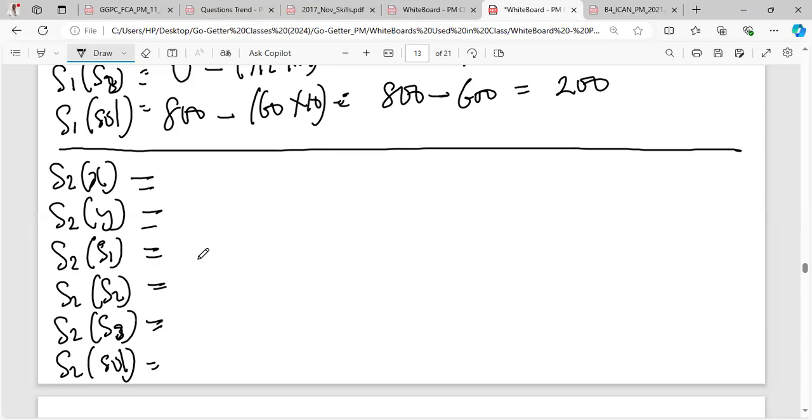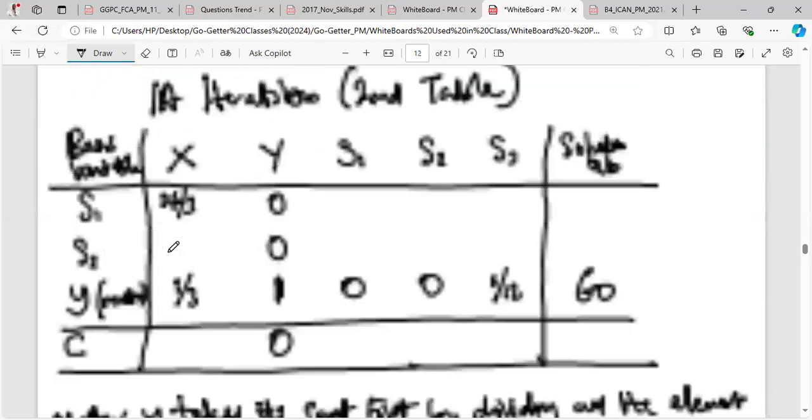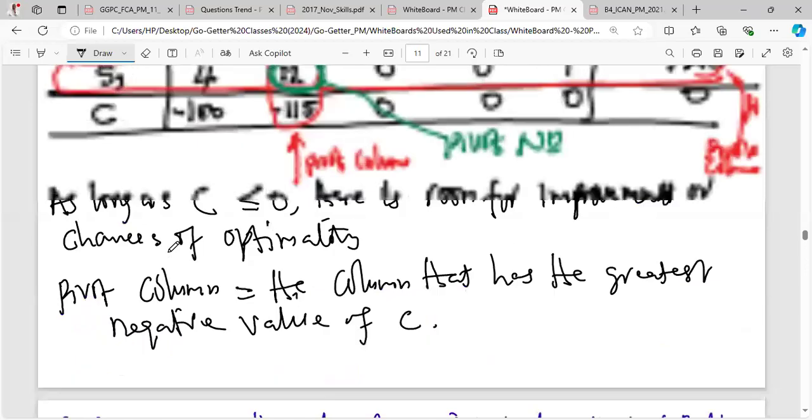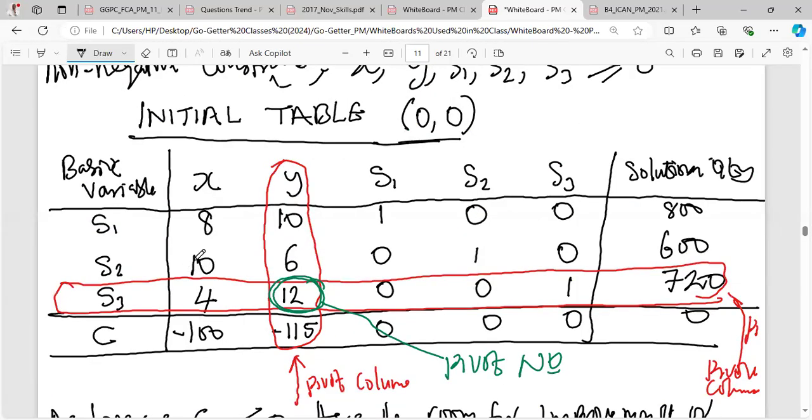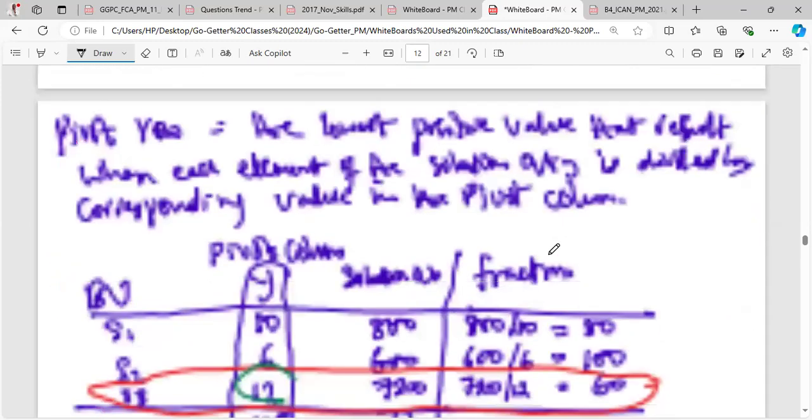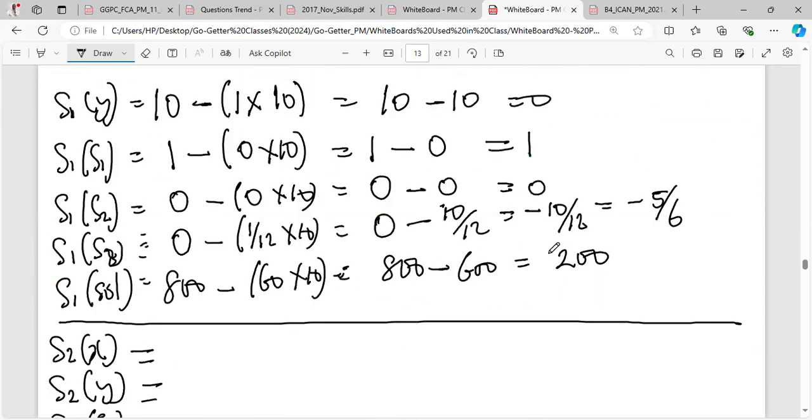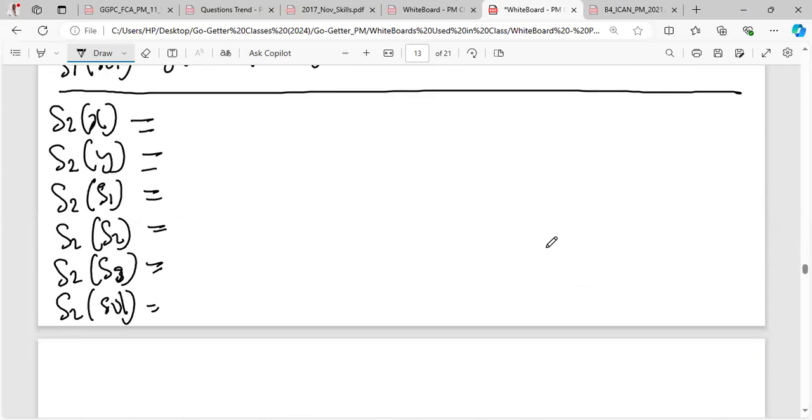So the formula is, what is the old position of S2? I'll bring this down here: 10, 6, 0, 1, 0, 600.